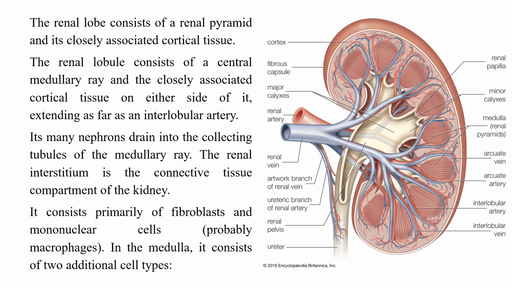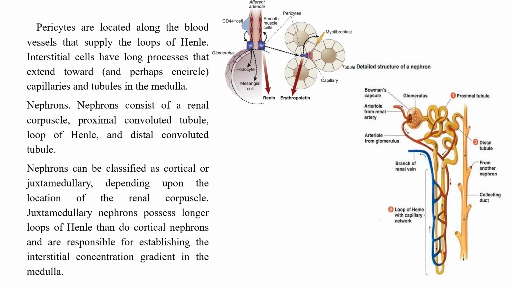The renal interstitium is the connective tissue compartment of the kidney. It consists primarily of fibroblasts and mononuclear cells, probably the macrophages. In medulla, it consists of two additional cell types. They are pericytes.